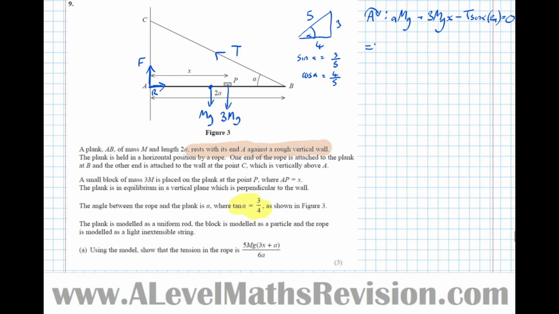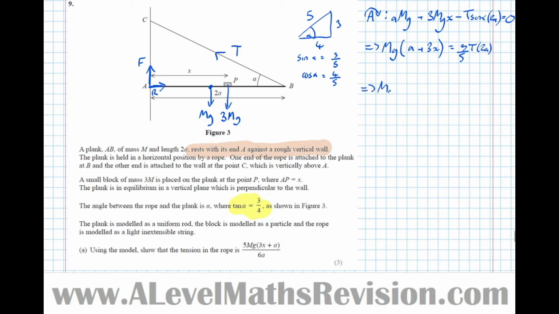Tidying that up a bit, so this implies that if we take mg out as a factor, we get a plus 3x, then equals, and sine alpha is 3/5, so that would be 3/5 T times 2a.